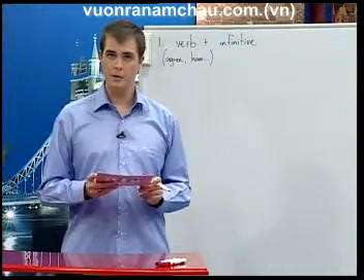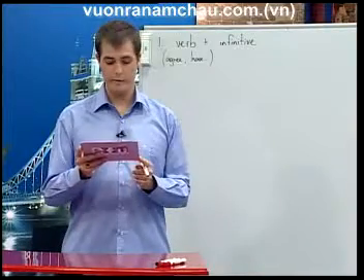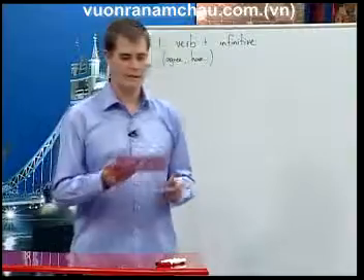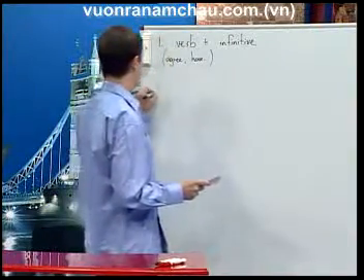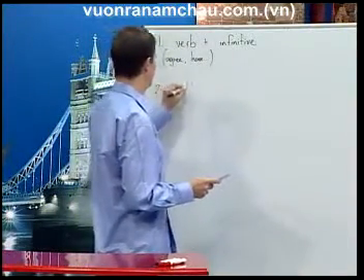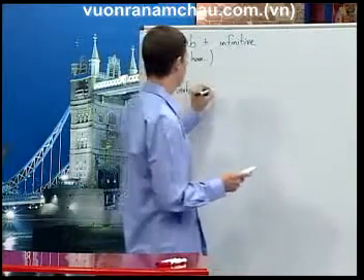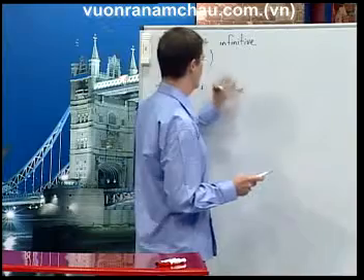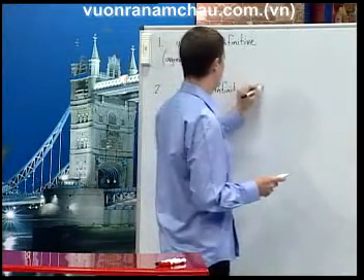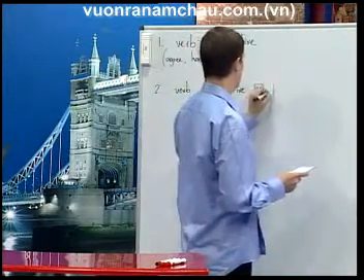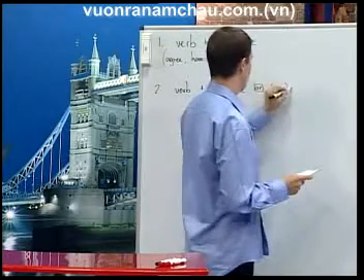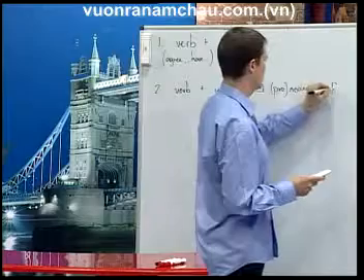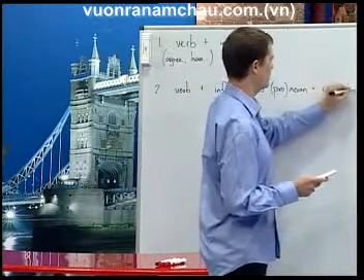Now, some verbs may be followed by an infinitive, or they may have a pronoun plus the infinitive. Another type we have is verb plus infinitive or pronoun plus infinitive.